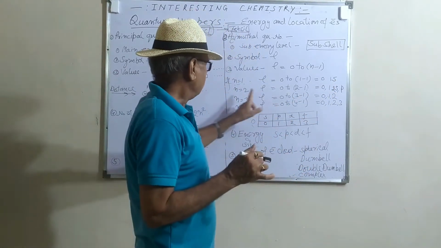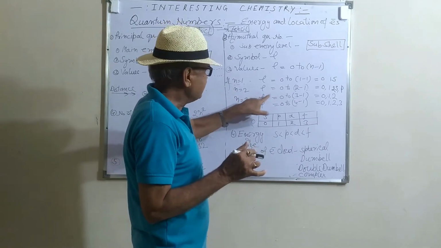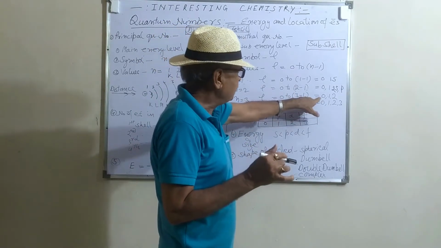Again, now come to n equal to 3. L is equal to 0 to 3 minus 1, 0 to 2, that is 0, 1, 2.